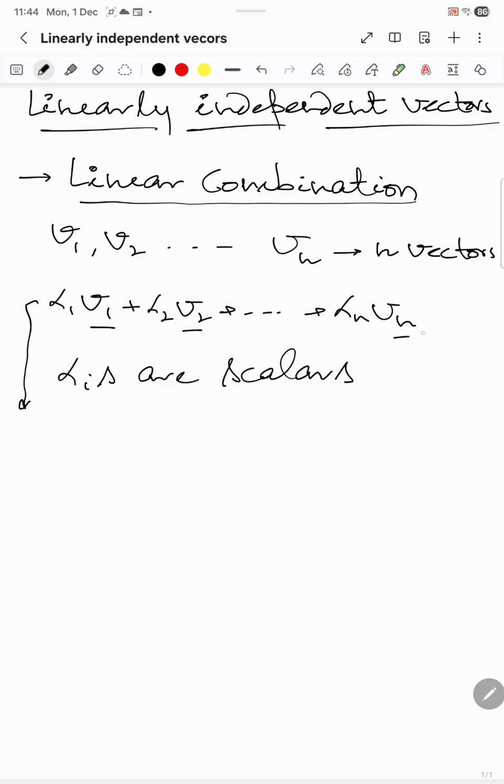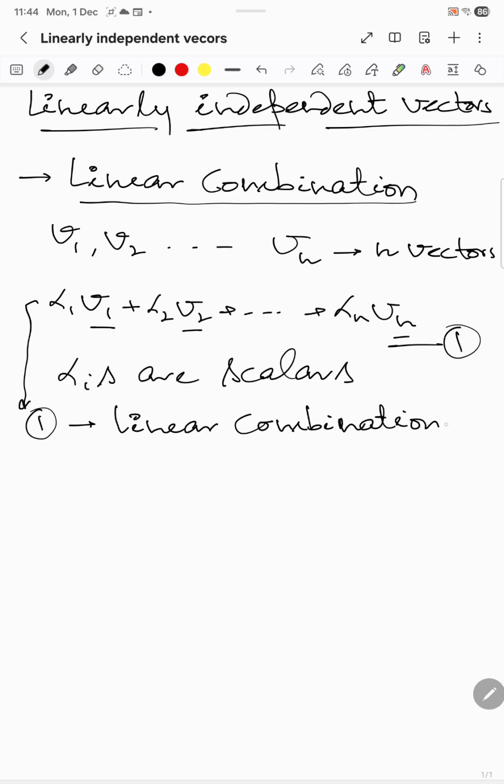Let us mark this as 1. So this 1 is known as the linear combination of vectors.